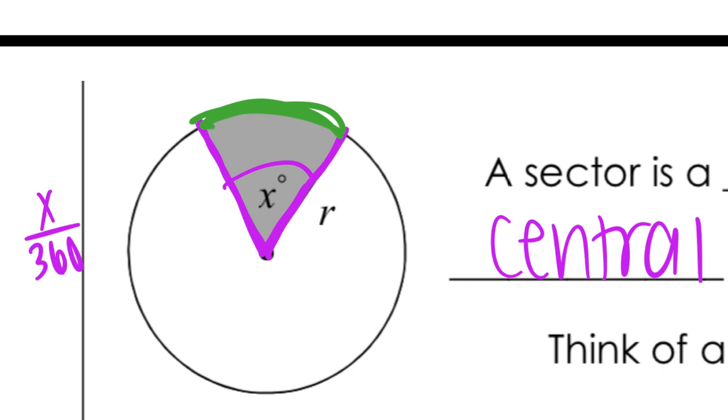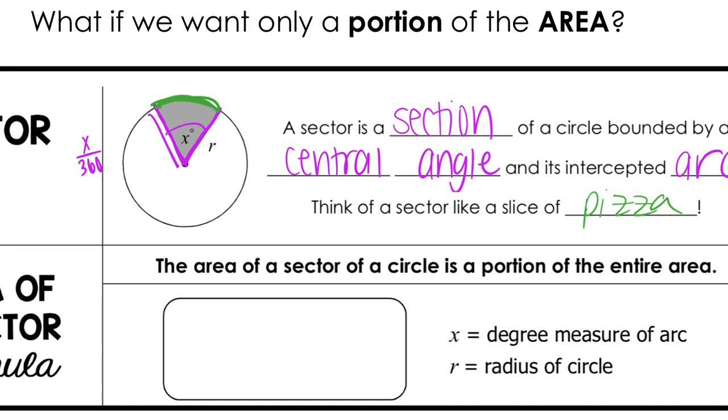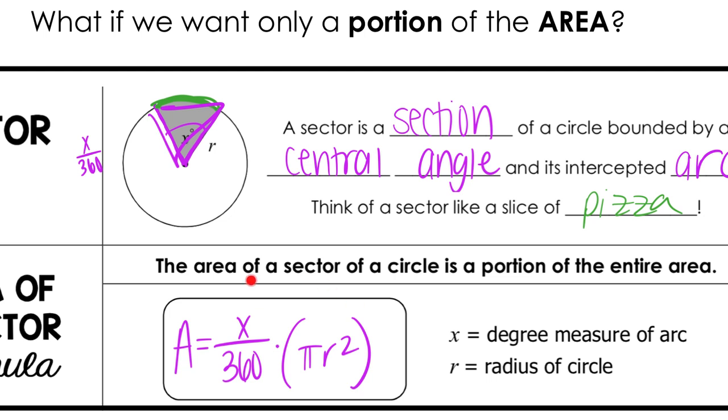If we wanted to find the area of only that portion, we would still do pi r squared. I'm going to write the formula here. However, we're going to multiply it by the percentage of the circle that we actually want to find. So here's what the formula looks like. It says x over 360 times pi r squared. This just represents the portion of the circle that we want. Whatever that central angle is, it's always out of 360 because it's a circle.